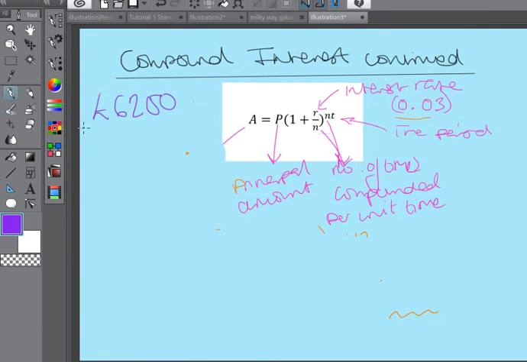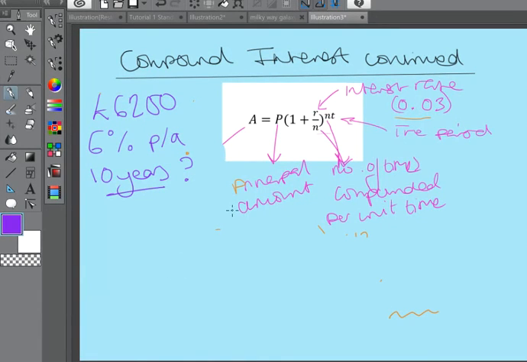Lucky me. And in an imaginary world, there is a savings account that's going to give me 6% on that per year. And I'm going to leave it in there for 10 years. What is my amount that I get at the end of those 10 years?